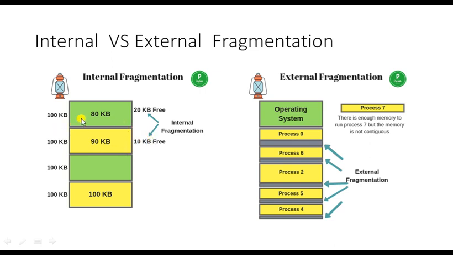So here the size of the block is greater than the occupied file content. That is called internal fragmentation. If your file size is less than the available block size, definitely there will be internal fragmentation. If your file size is available but not available at a single point, that is called external fragmentation. Okay.